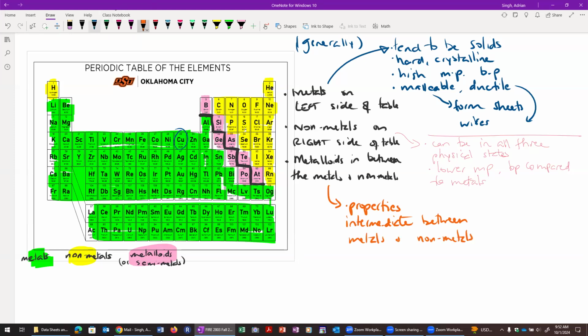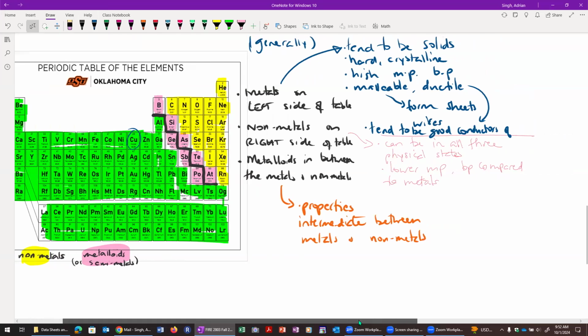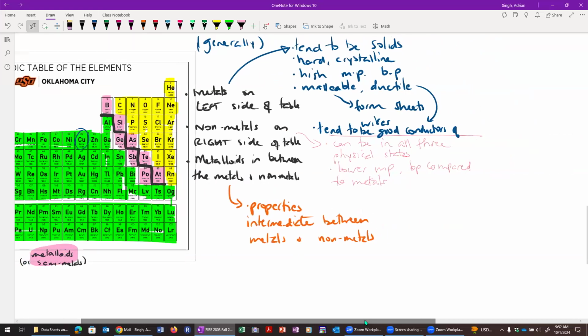One of the characteristics of your metals that you probably know of is that they also tend to be good conductors of both heat and electricity. Again, think of a typical metal like iron or aluminum or copper. Copper wires, we have copper pots and pans at home.